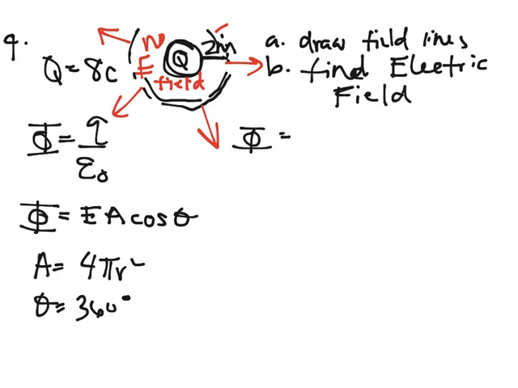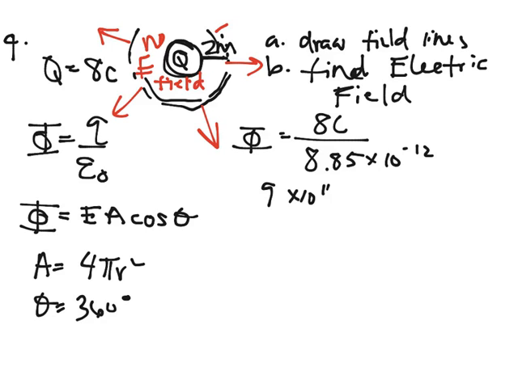Your Q is 8 C. Your epsilon is always 8.85 times 10 to the -12th.